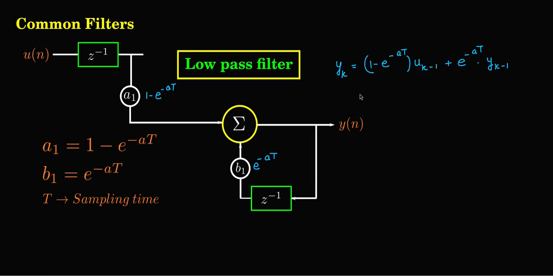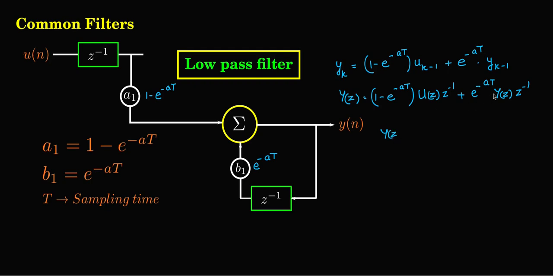From here, getting the transfer function is very easy. Yz, the z transformed values, is equal to the same polynomial coefficients: 1 minus e to the power of minus aT, uk minus 1 will become Uz, z to the power of minus 1, that is the z polynomial term, plus e to the power of minus aT, Yz, z to the power of minus 1 delay.